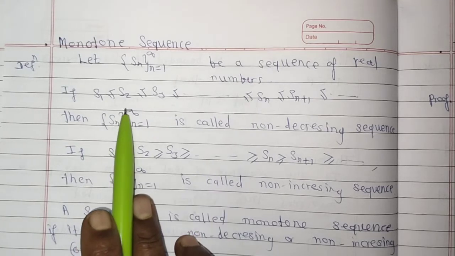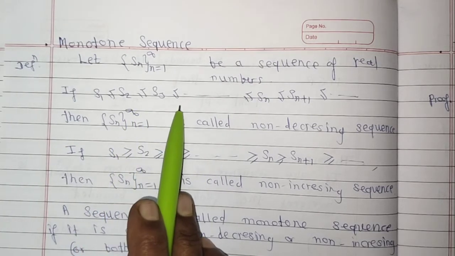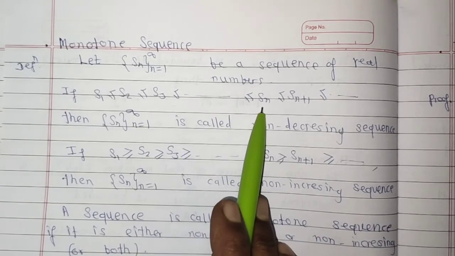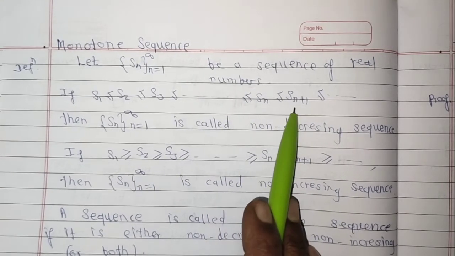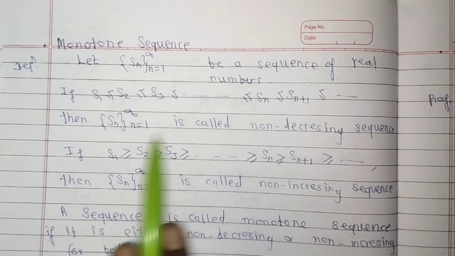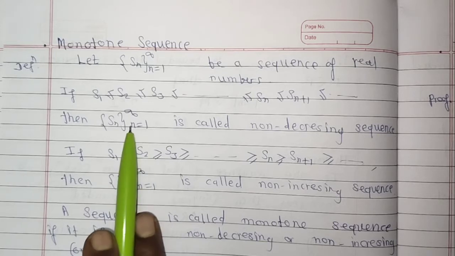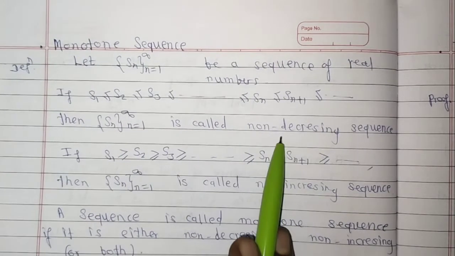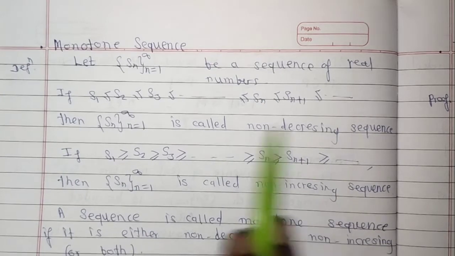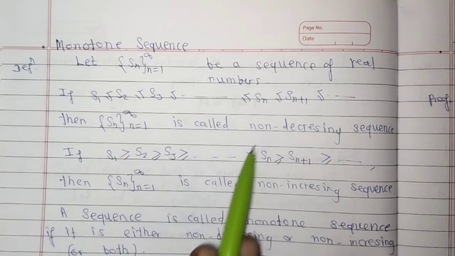If S1 is less than or equal to S2, less than or equal to S3, and so on, less than or equal to Sn, less than or equal to Sn plus 1, and so on, then the sequence is called a non-decreasing sequence. Non-decreasing means the terms are increasing.